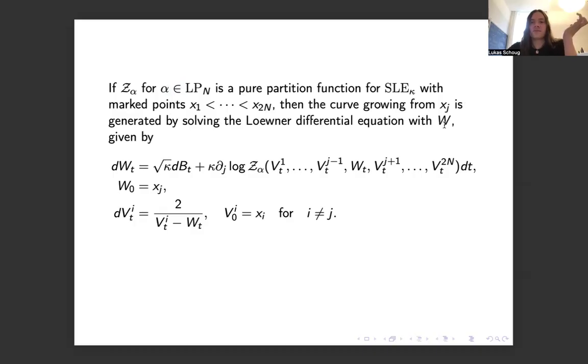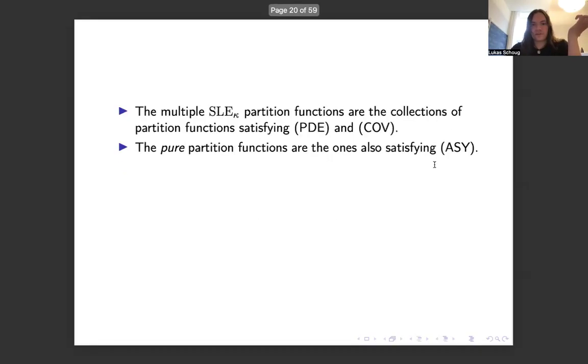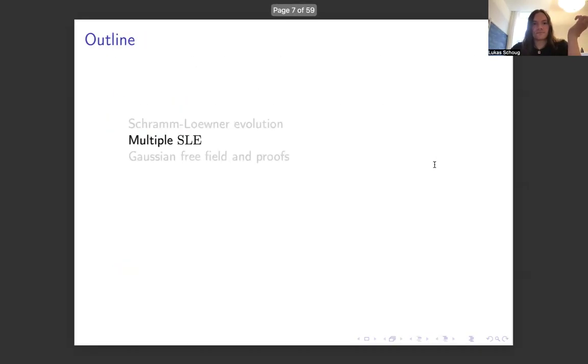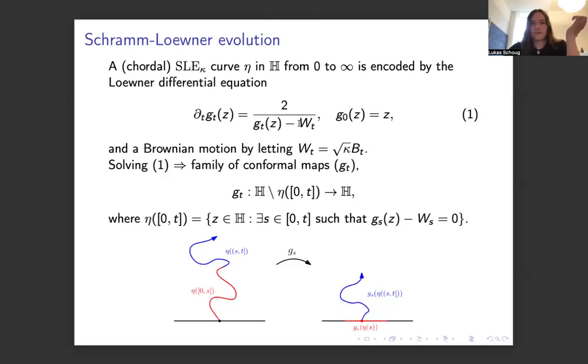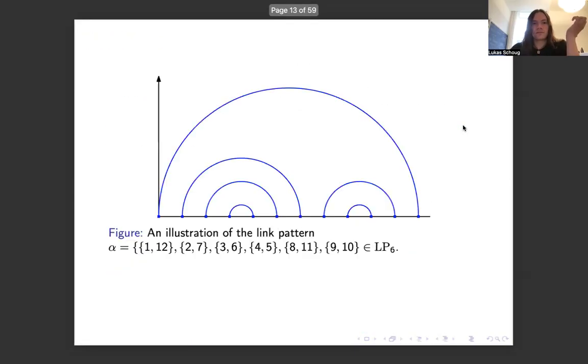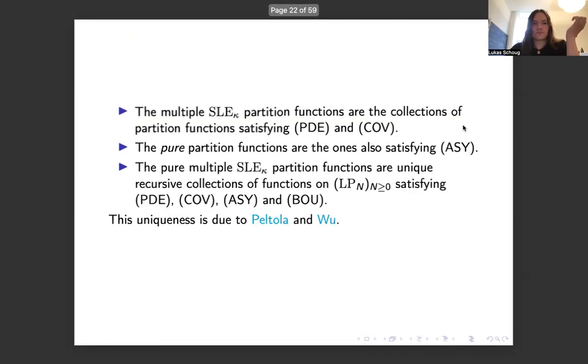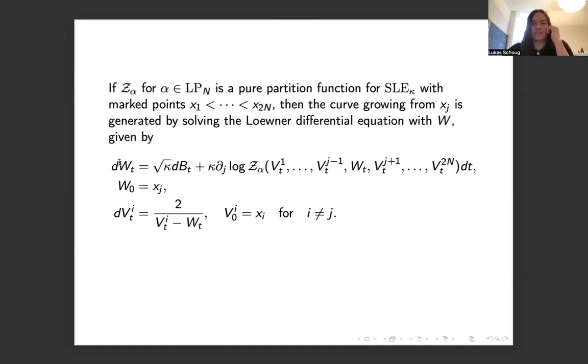Then, in order to generate the curve from the point xj, we again solve the Löwner differential equation up here. But instead of having square root of kappa times the Brownian motion, we choose to pick the solution to this system of stochastic differential equations.